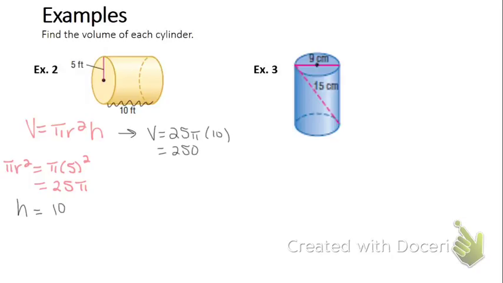So whatever 250 pi is, what is that about? 785.4. Is there not two decimals you can get to? That's 0.398, so it is 0.4, okay. And that would be feet cubed because we're filling it up, looking for how many cubes can fit in there, water, anything like that. So that's why it is feet cubed.